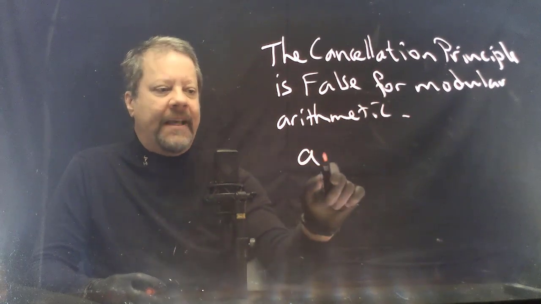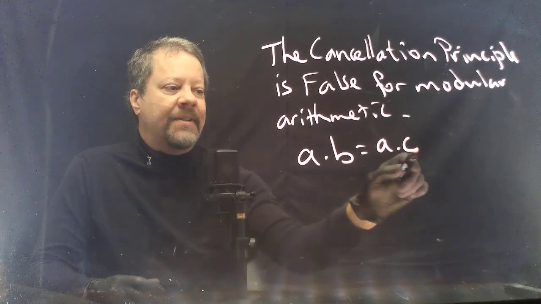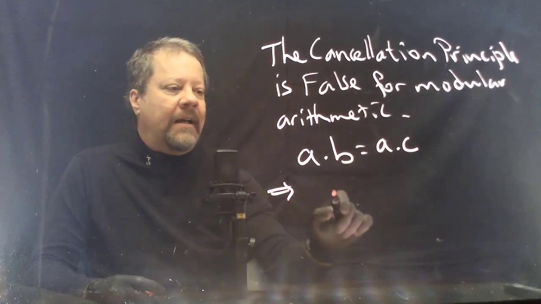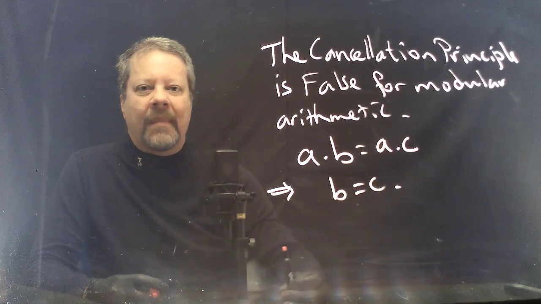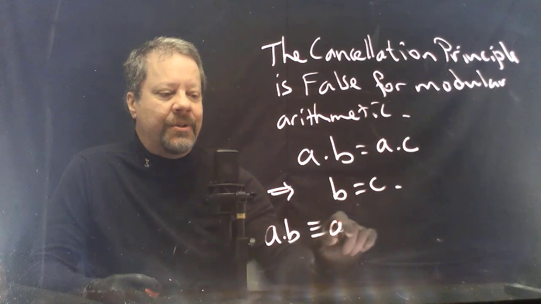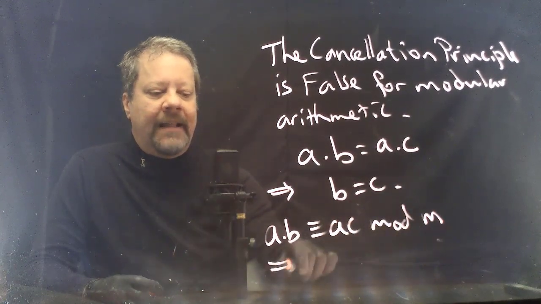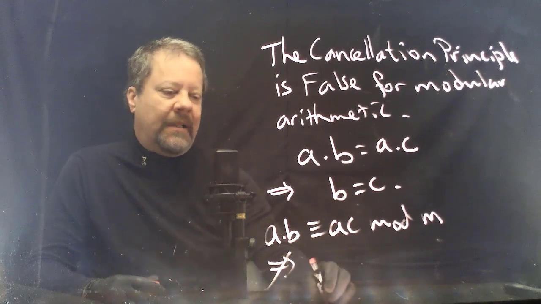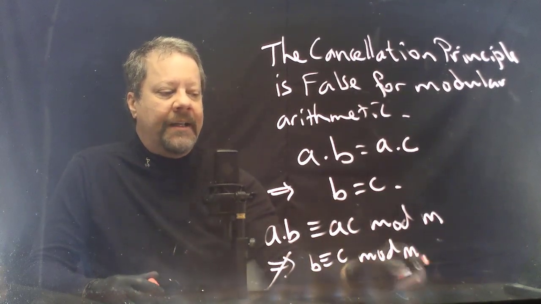Normally, if we have A times B equals A times C, that implies you can cancel A off and get B equals C. However, if you have A times B is congruent to A times C mod m, that will not necessarily imply that B is congruent to C mod m.